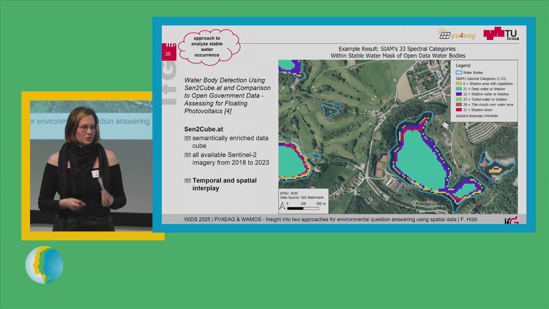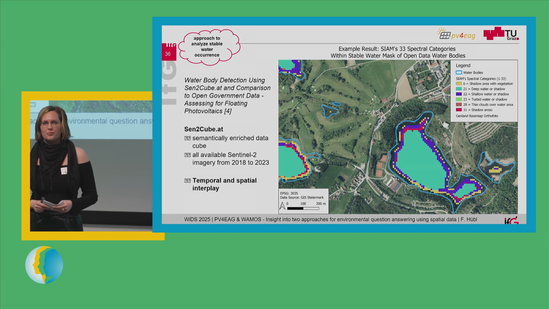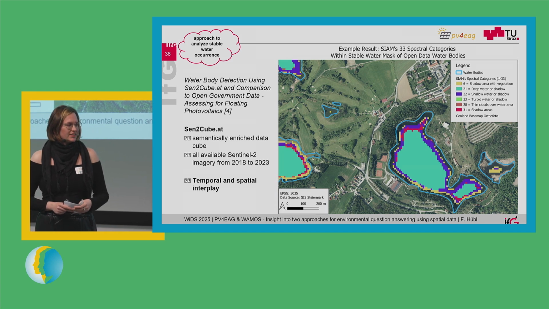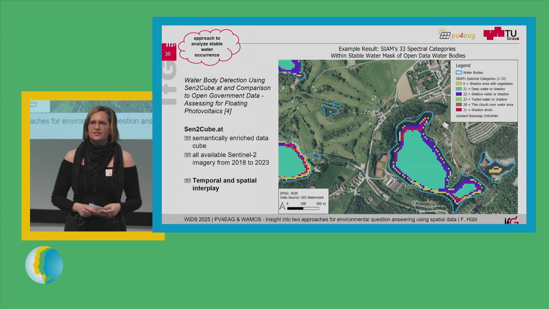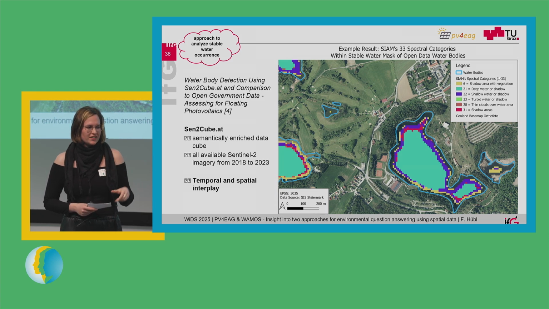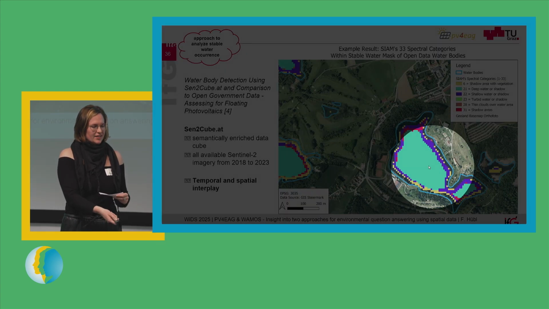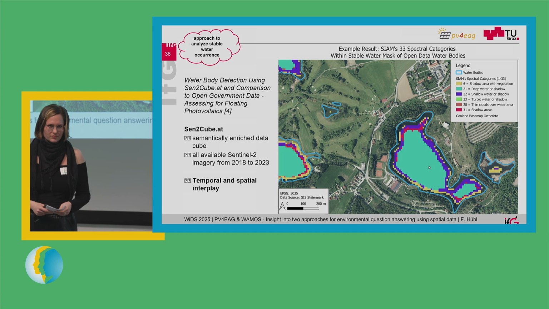When it comes to floating PV, the most important thing is also stable water. And here we used this Sen2Cube. Maybe some of you have heard about it. It's a semantically enriched data hub, or data cube, with all the Sentinel data from 2018 until 2023. There we analyzed our data sets, our shape files, so our lakes and their boundaries, according to water classes over this whole time.